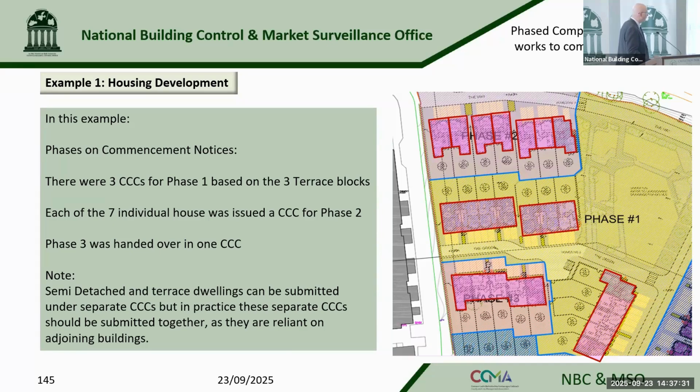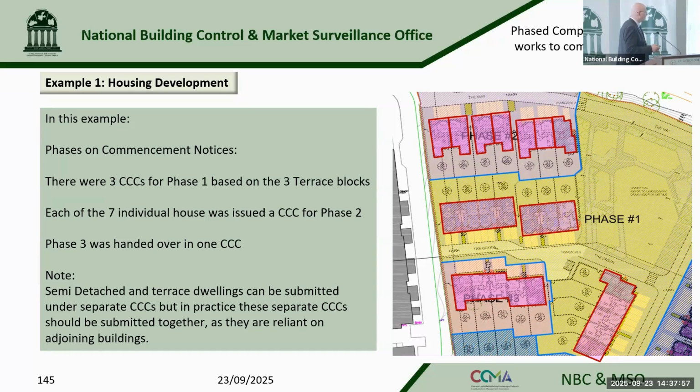So just to note, semi-detached and terrace dwellings can be submitted under separate CCCs, but in practice, these separate CCCs should be submitted together as they're reliant on the adjoining buildings. So if one part of the semi-detached is not complete, if the roof's not on or it's not tiled properly, obviously you can't CCC the other side because it's reliant on the roof to be complete, the whole building.